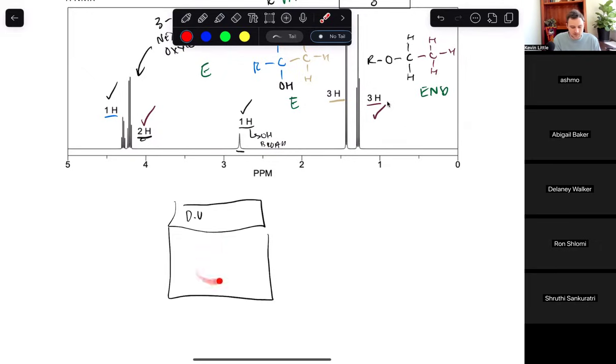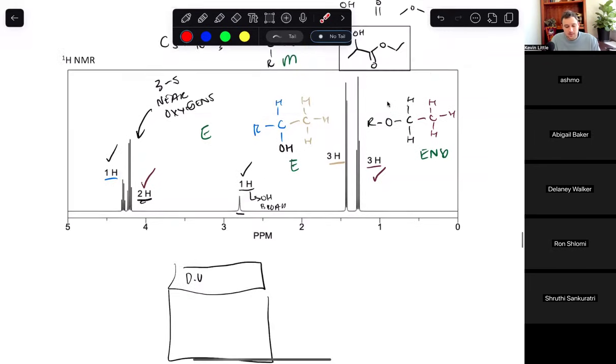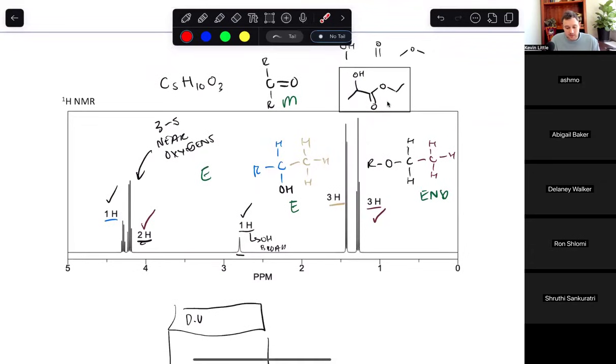Don't just draw a bunch of fragments in here. Draw a real molecule that has your fragments in it. This is how you'd get the most partial credit possible. So that would be base level, like we're doing NMR for the first time.